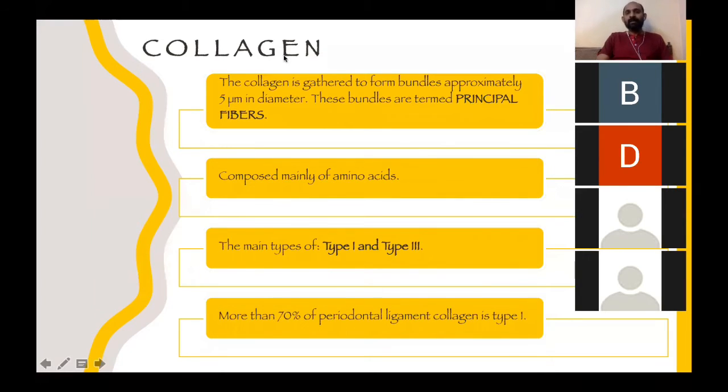This collagen is comparable to hair. I think I would have told you already in class, I'm not sure. If you take hair, girls, you have a huge bunch of hair. Usually girls make it into a plait. They take three different bundles and start twining one bundle with another. Similarly, collagen is also a triple helix.